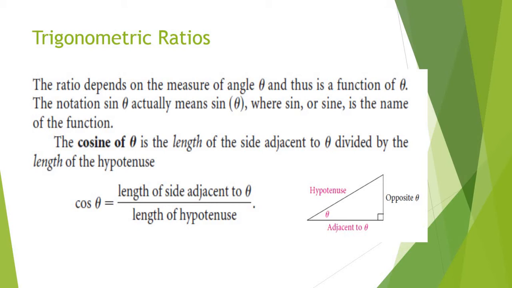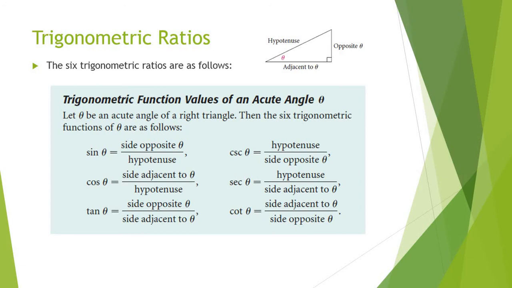Remember the "ka" from earlier? Ka means cosine, adjacent over hypotenuse. So these are now the six trigonometric ratios based on the given acute angle, which is represented by theta here.